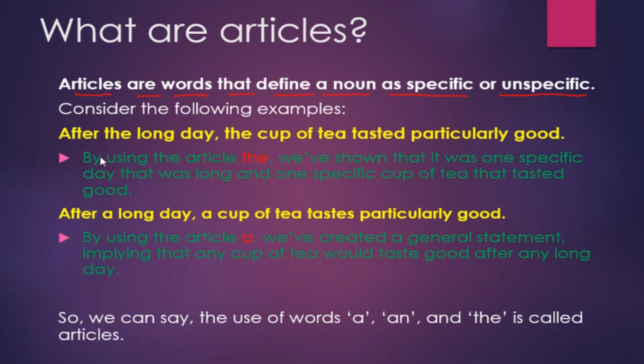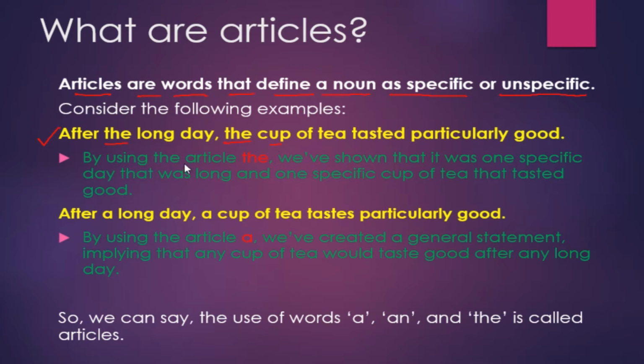Consider the following example here. Example number 1. After the long day, the cup of tea tasted particularly good. Here we have used article the, another the in front of this cup.